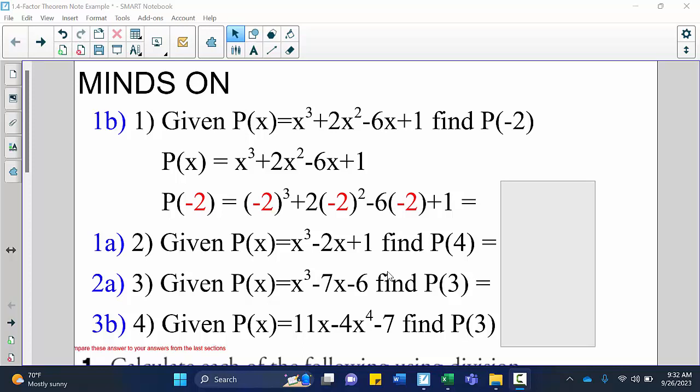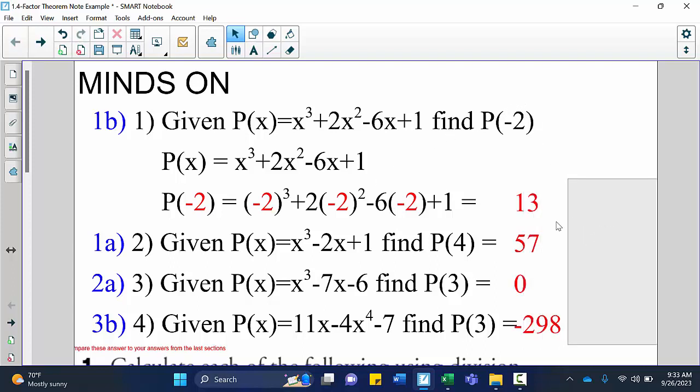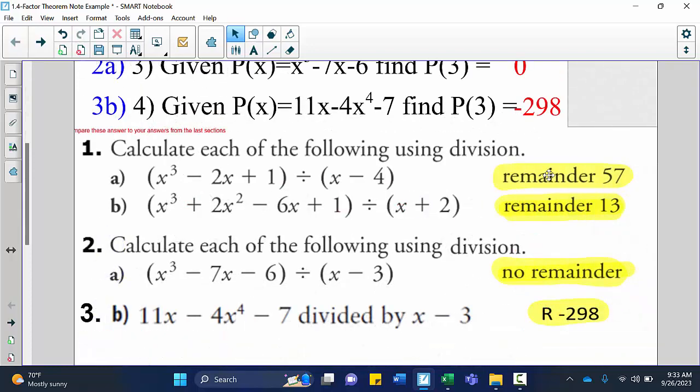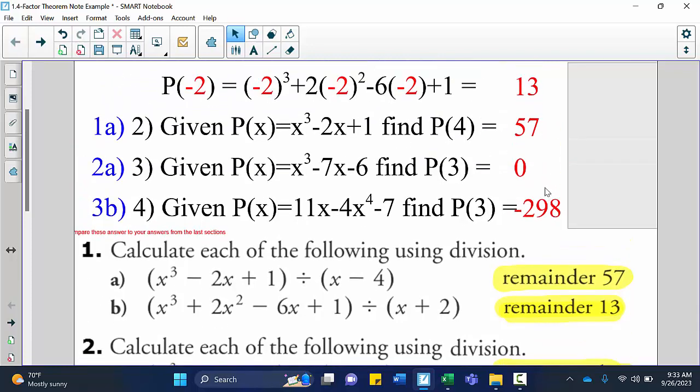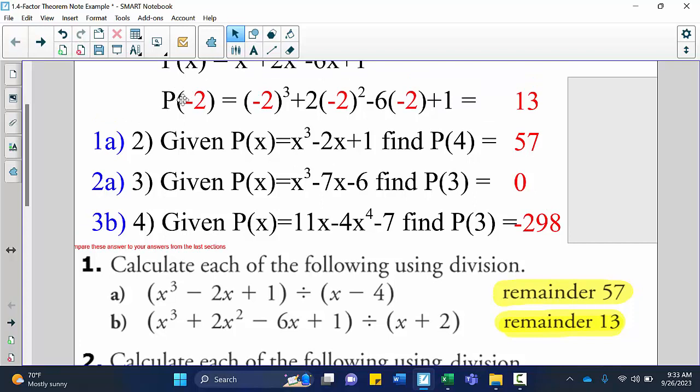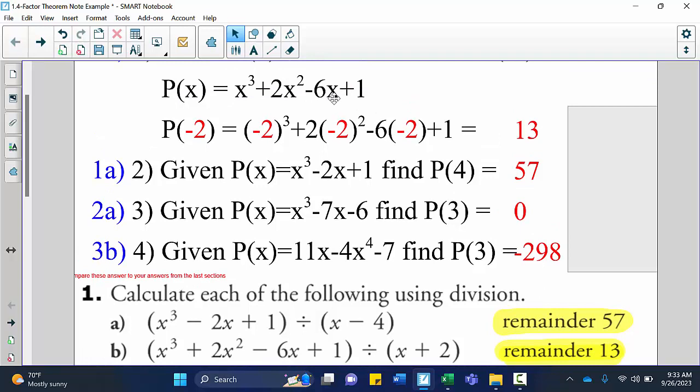I'm going to quickly introduce the idea of the factor theorem today. If you've gone through the questions that were posted that asked you to do simple substitution, you will see that the values we're getting in each substitution line up nicely with the remainders we got in the last section, so that we can establish this idea of the remainder theorem, which is any value that is substituted into a polynomial will give you as an answer the remainder if we divide the original polynomial by x minus that value.